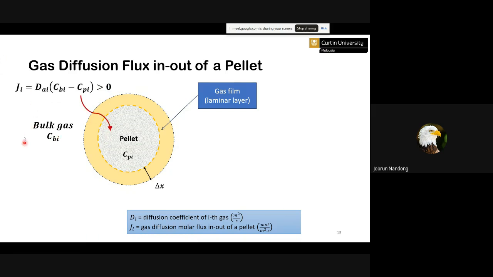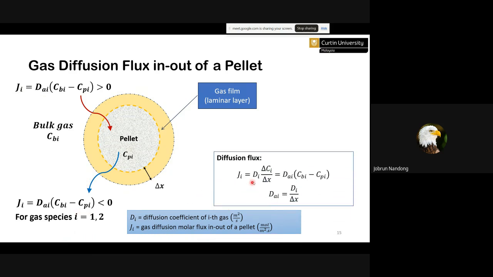So we can multiply this by the flux of any gas from the bulk phase to the pellet. That is given by the bulk concentration minus the CPI, the concentration inside this pellet. If that is greater than zero, of course, the gas will diffuse into the pellet. If that is negative, the gas diffuses out of the pellet. Normally we define diffusion as DI, the diffusion coefficient, multiplied with the concentration gradient.